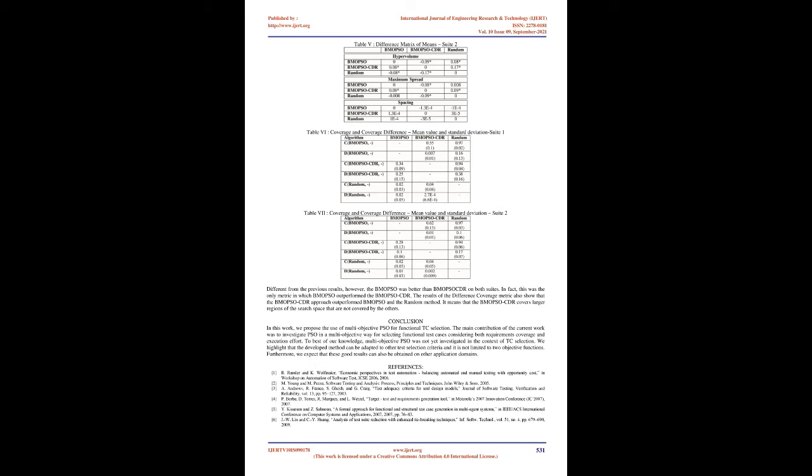Results. For statistical analysis purposes, we executed each search algorithm 60 times on each test suite. In each execution, a Pareto front was produced. The values of coverage and cost observed in the Pareto fronts were normalized since they are measured using different scales.